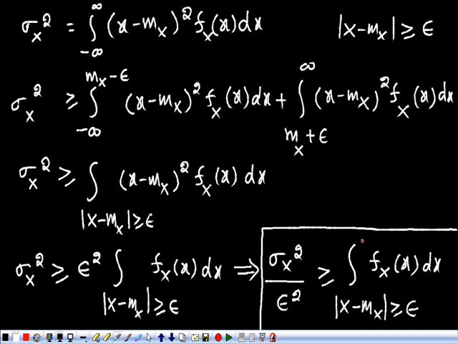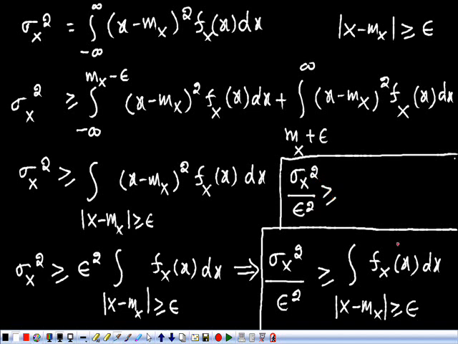So therefore, if you go to the previous slide, see, what is this integral now? This integral therefore can I write this as sigma x square by epsilon square greater than or equivalent to, this integral is equivalent to probability of mod x minus mx greater than or equivalent to epsilon. What is this?